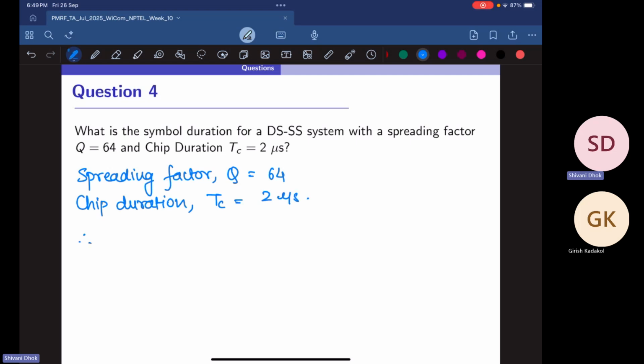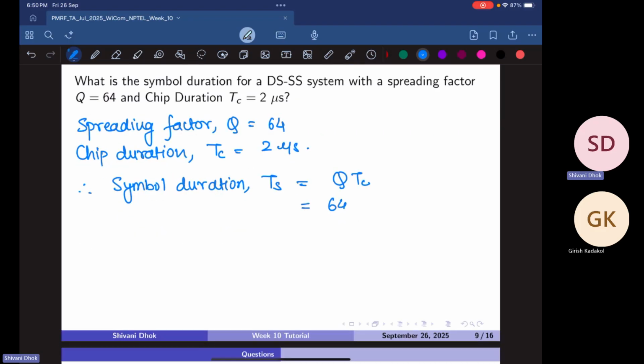Therefore the symbol duration is nothing but Q times Tc, which is equal to 64 into 2 microseconds, which comes out as 128 microseconds. Same application of the same formula.